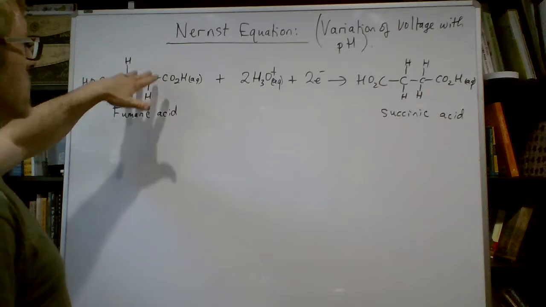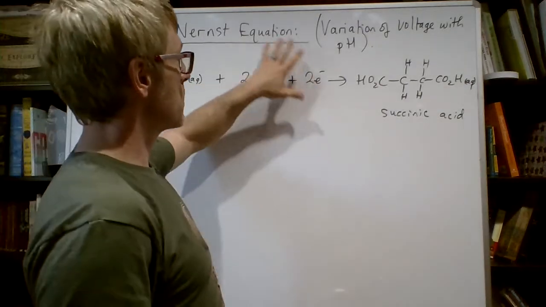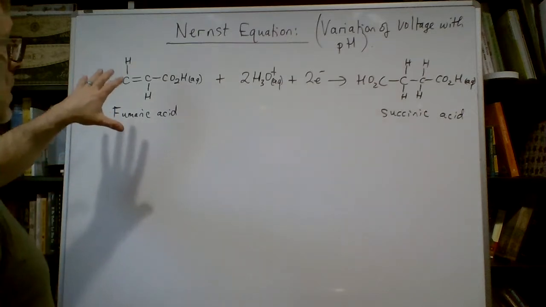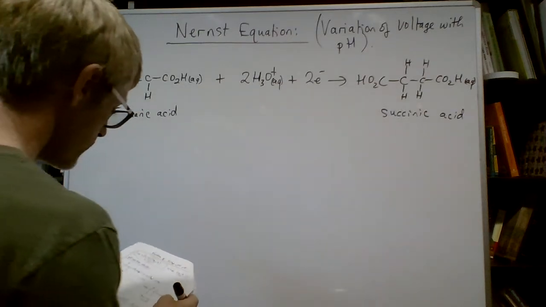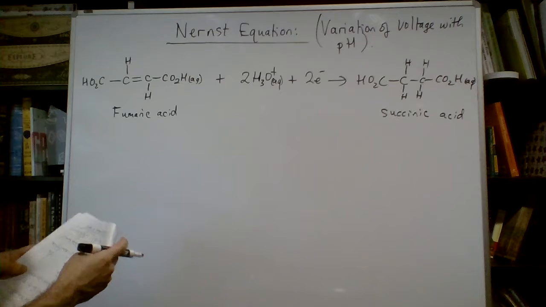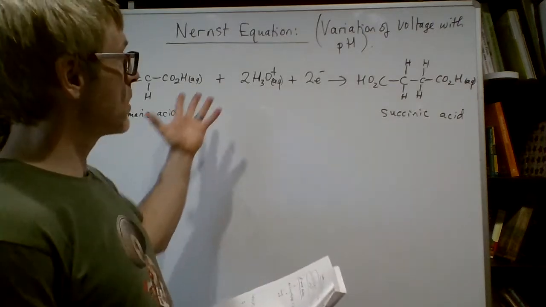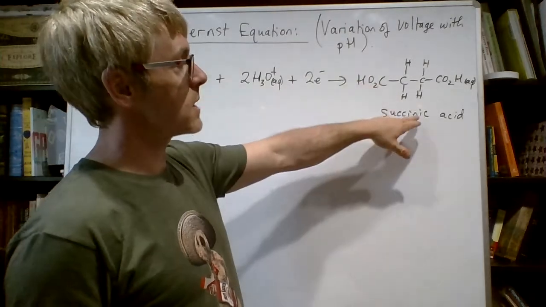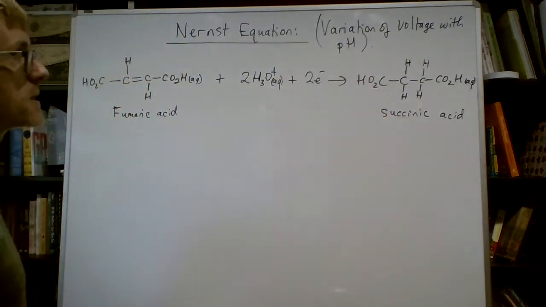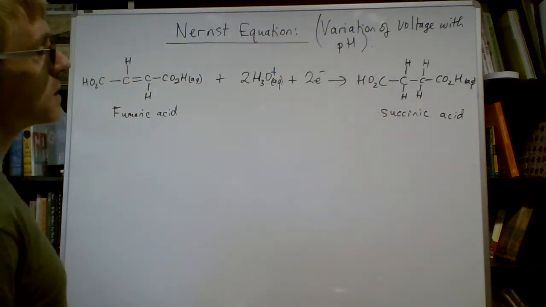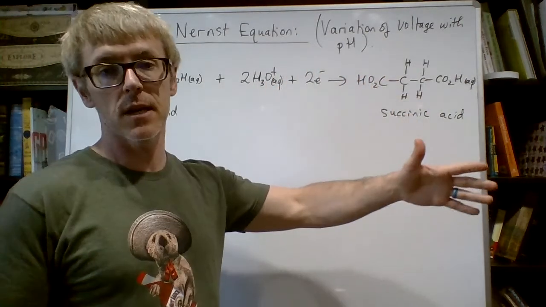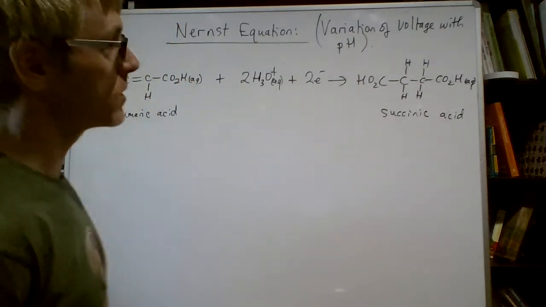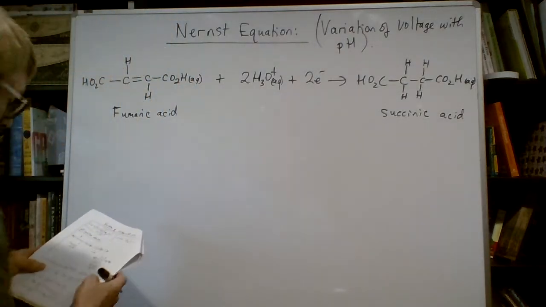We've gone from this double bond structure in the presence of acid to a single bond structure. And clearly it's a redox process. Clearly it's a pH sensitive process because we have acids involved. And because it's an electron transfer process and essentially can be manipulated via voltage, we want to see what the voltage sensitivity is.